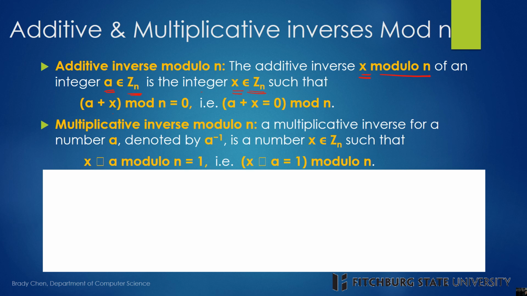Now see the difference: x has to be in Zn as well.